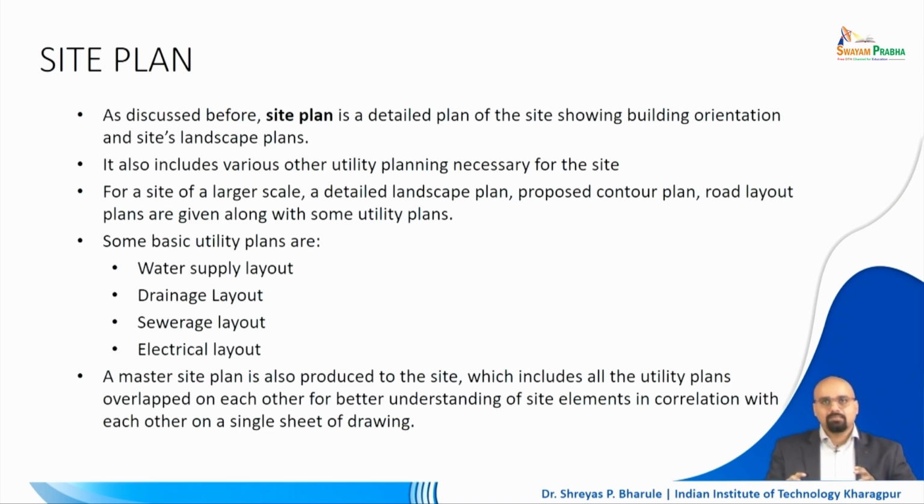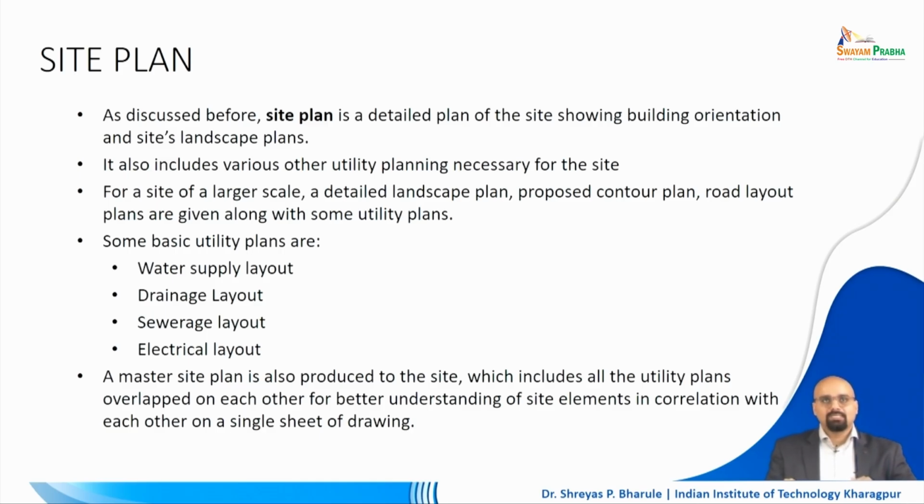Along with that, as we discussed in the previous module, the road layout is an essential plan to be given with all the utility plans, because often the road layout becomes the key track along which the utilities are laid down in the site, right.